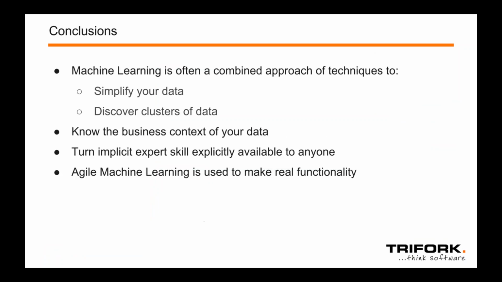So, in conclusion, machine learning is often a combined approach of techniques to simplify your data and discover clusters of data. It's not a one-size-fits-all approach. Distrust anyone who will tell you, oh, you need to use recurrent neural networks because they are the absolute best.